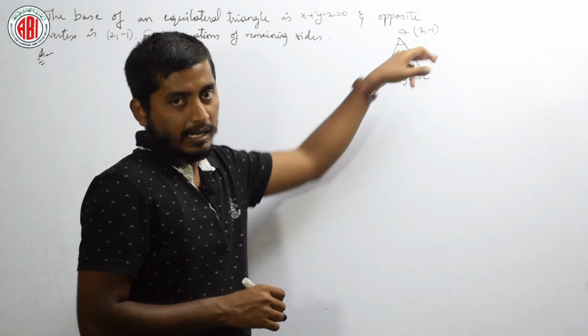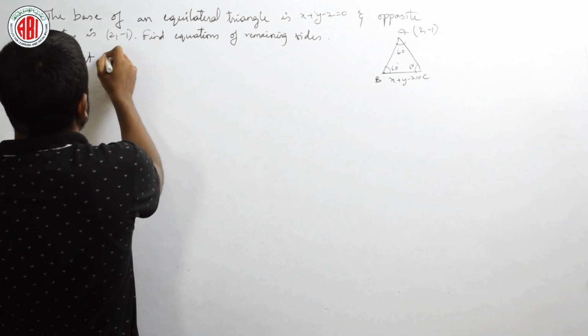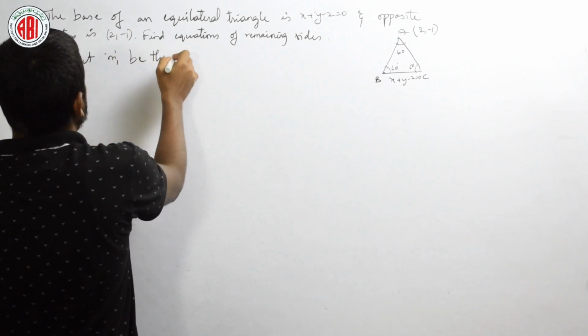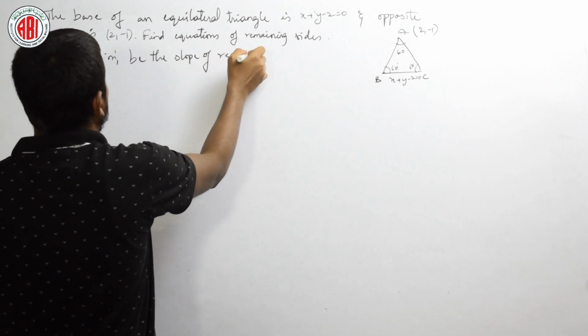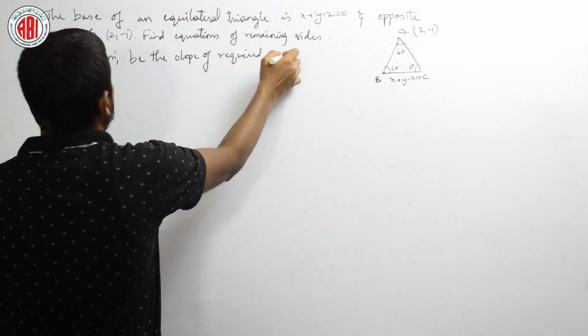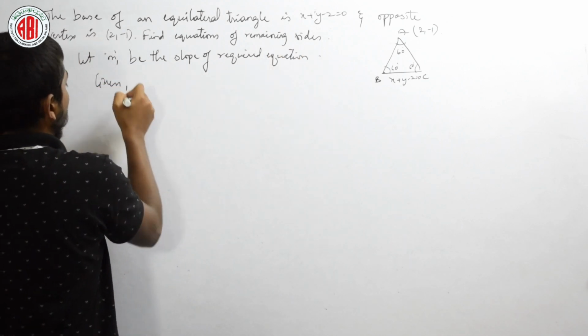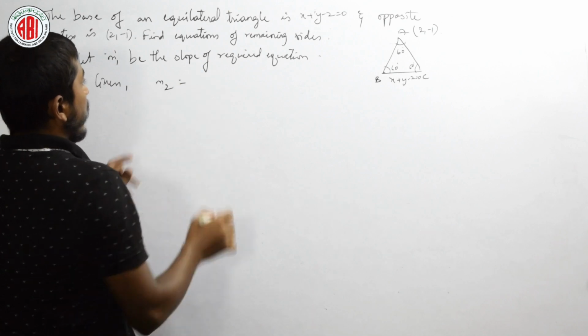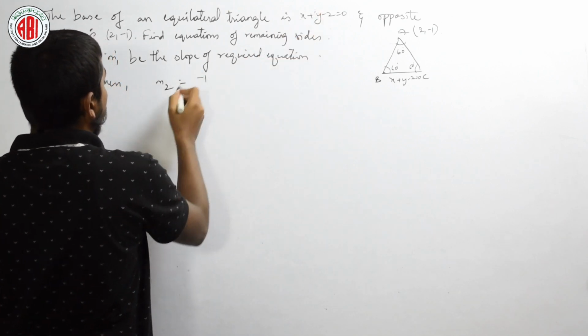Shall we do that? Let us begin. See here, similarly let m1 be the slope of the required equation, let us take m2 as the slope of the given equation, that is minus 1 by 1, which is minus 1.